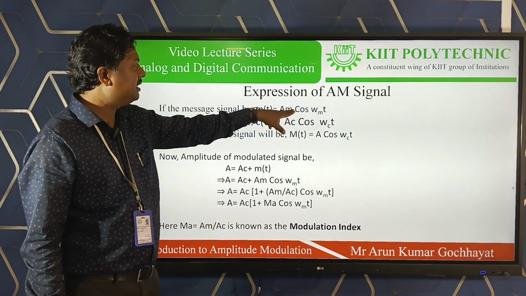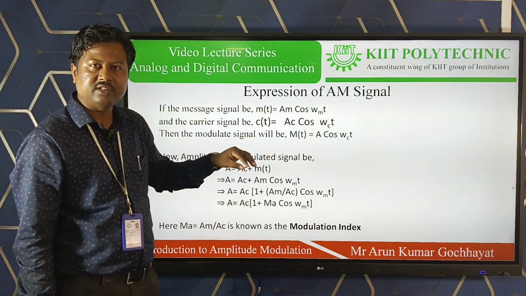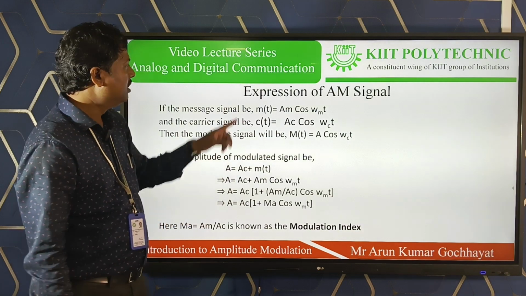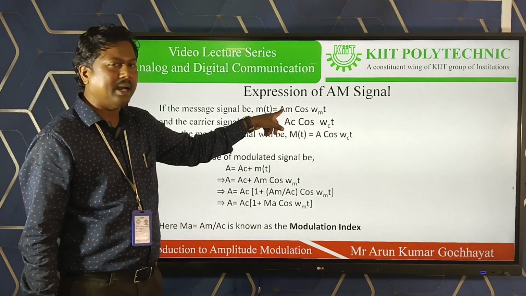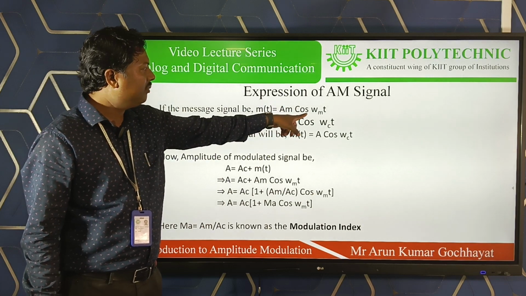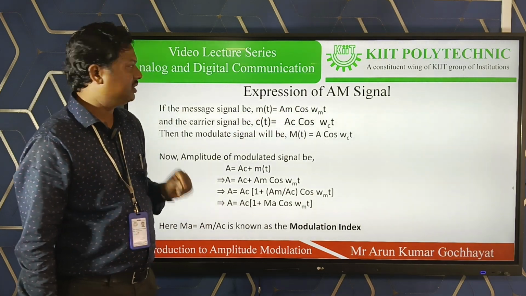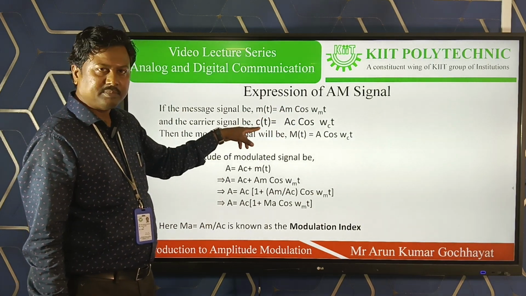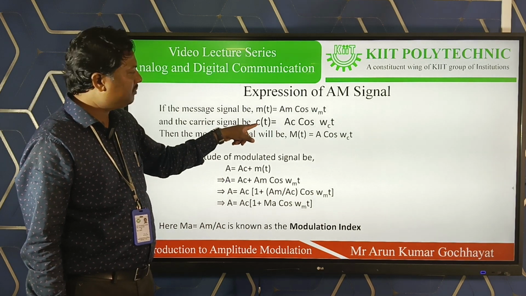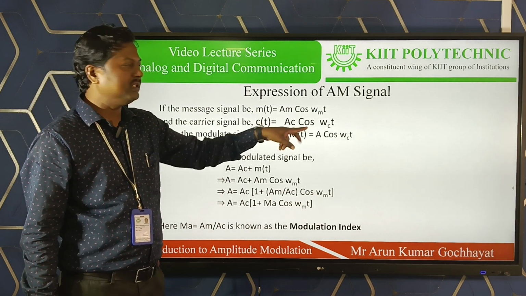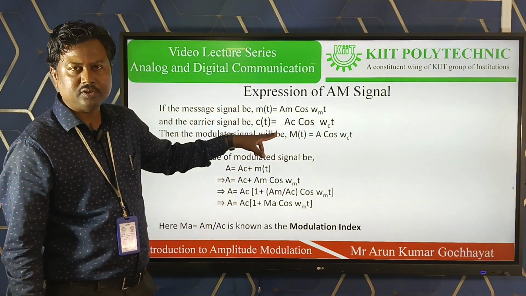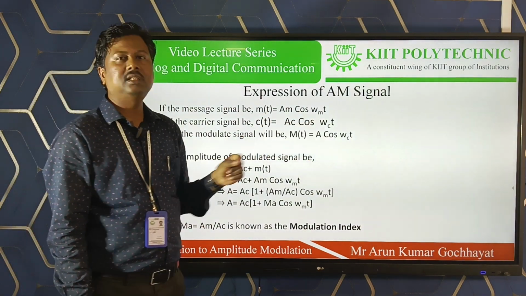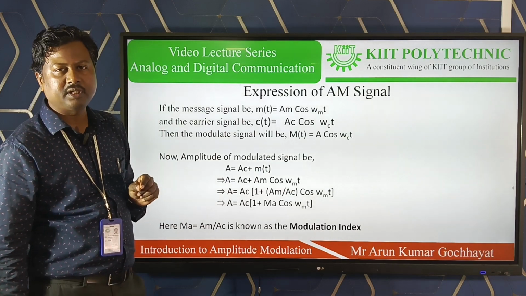Here I have represented the two signals, message signal and carrier signal, by taking the cosine function. So m(t) becomes Am cos(ωm t), where Am is the amplitude of the message signal and ωm is the frequency of the message signal. The carrier c(t) will be represented by Ac cos(ωc t). Here Ac is the unmodulated amplitude of the carrier and ωc is the unmodulated frequency of the carrier.